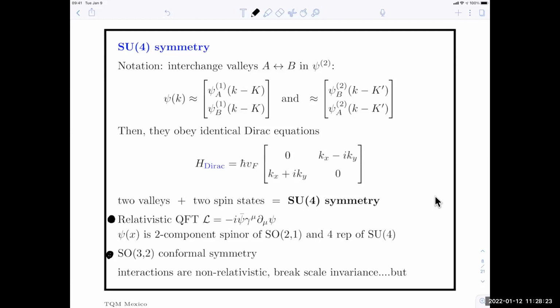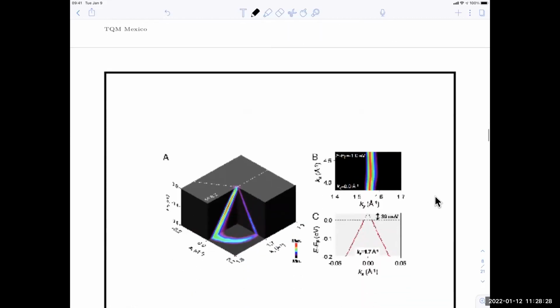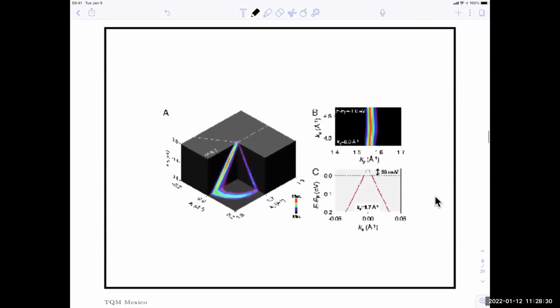So the real world could get quite messy. But on the other hand, if you look at what's seen, and this is also very old stuff, this is an ARPES spectrum for the picture of the electron spectrum in graphene. You can see a cone there. And this is on a messy substrate. I think this is the old stuff on silicon dioxide still.